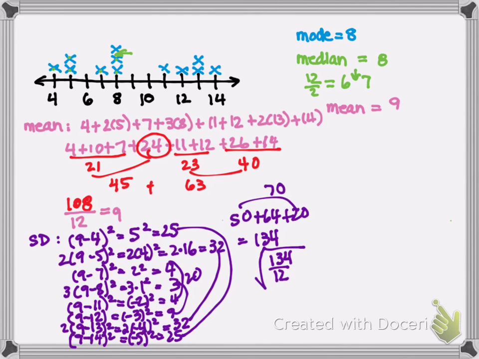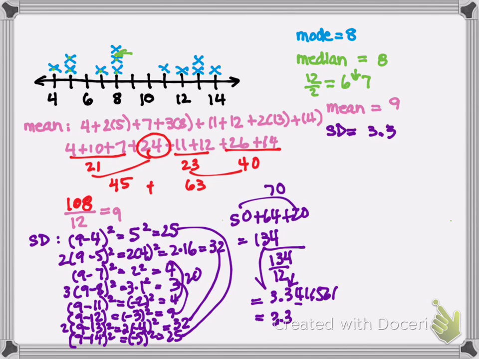So I have 134 divided by 12, and I don't change anything in my calculator, don't write it down, I don't round it. I take the square root, and I get this 3.3416561, because that's all the digits my calculator will hold. I round to the nearest tenth. So I get 3.3. So standard deviation is 3.3.